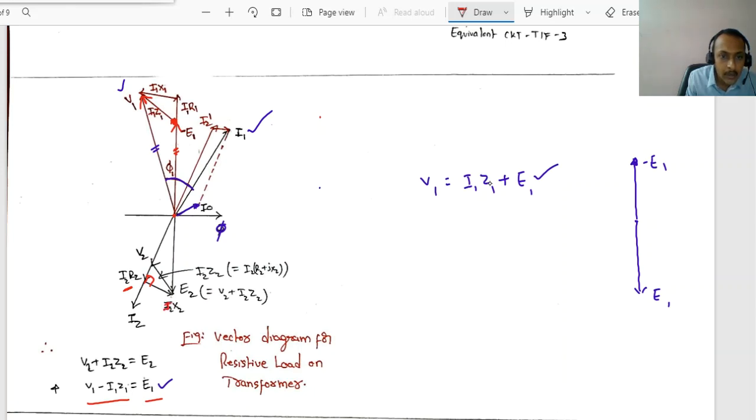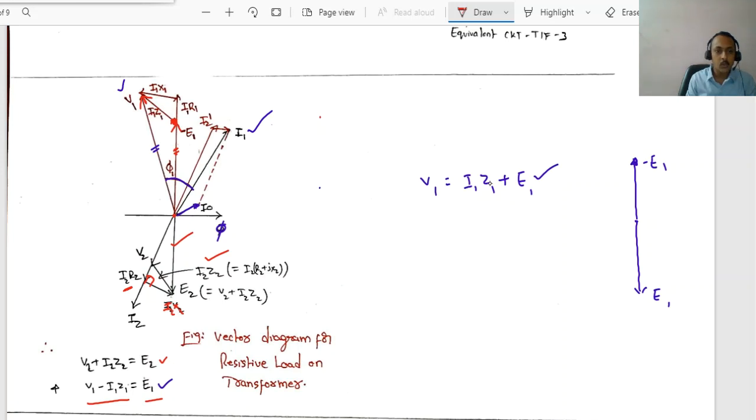If you add those two, I2 R2 and I2 X2, we will get the impedance drop I2 Z2. Now this V2 plus I2 Z2 will be our E2. This is our E2. Very simple.